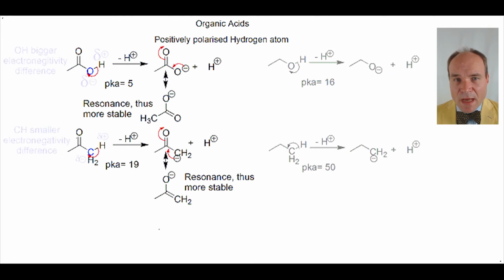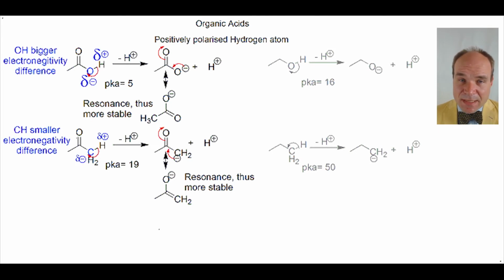Well, the OH has a bigger electronegativity difference than the CH, which means the hydrogen on the carboxylic acid is more partially positively charged than the hydrogen on the ketone.